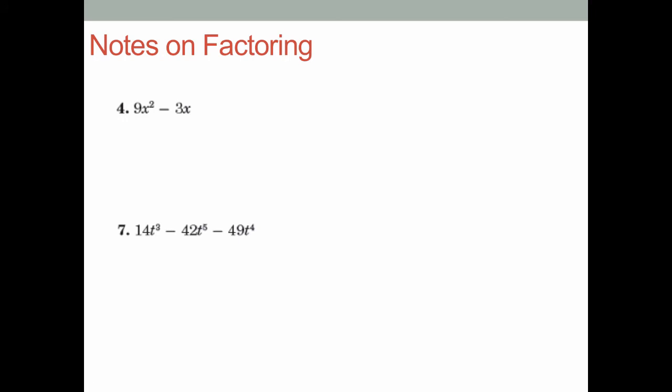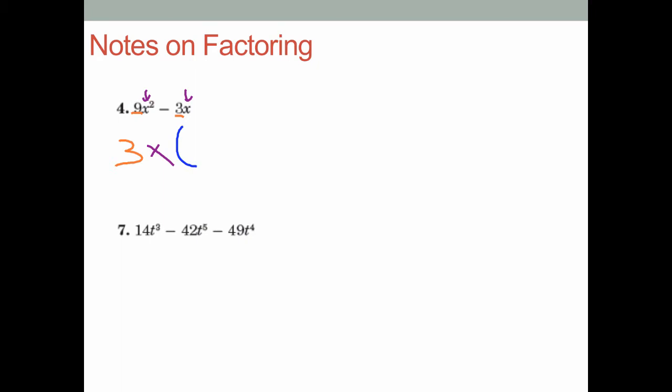Now, I can also pull out multiple things. For here, I see the 9 and the 3. I know 3 goes into 9, so 3 is a factor. I also see the x squared and the x. That means there is an x in common. Now we make my parentheses.